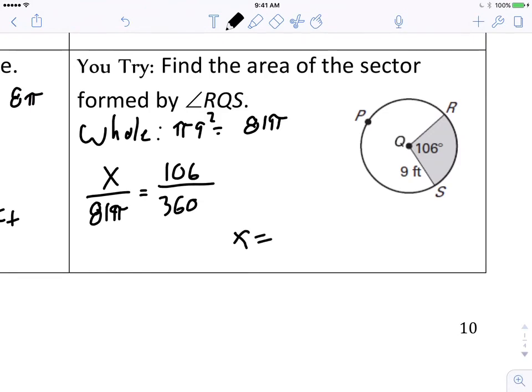Cross multiply and solve. And x is 74.93, I'm going to round it. This time we do know it's square feet.